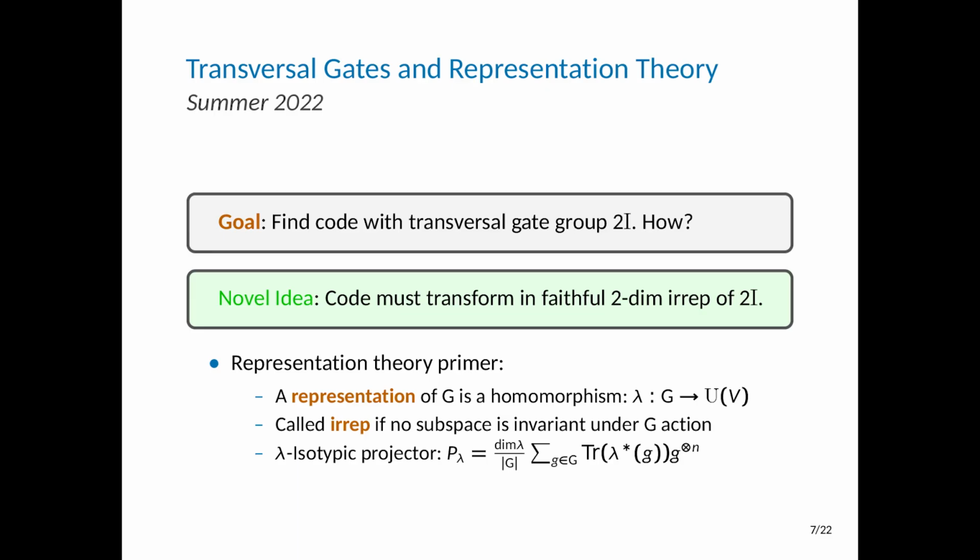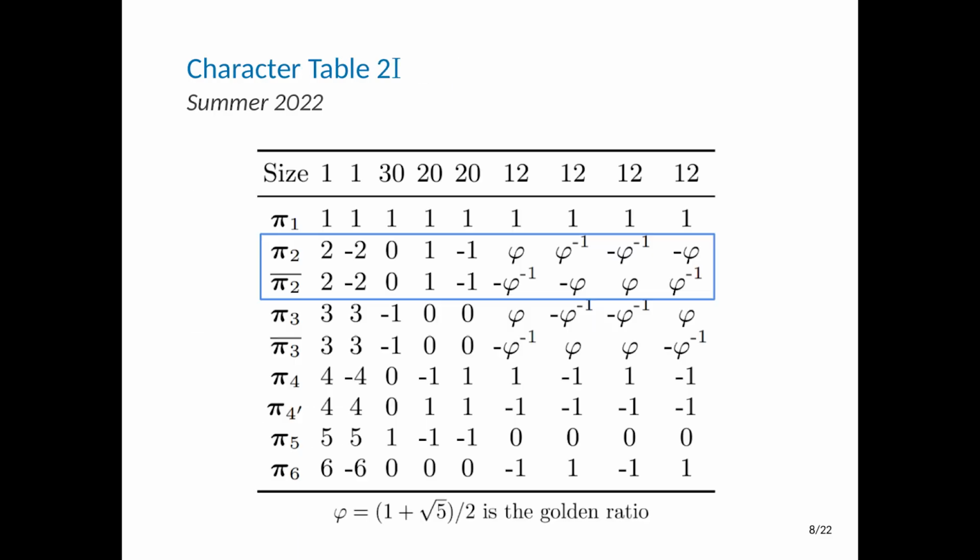You can start by picking a particular logical representation, lambda, and looking at the lambda subrepresentations of your full space. So you want to use a lambda isotypic projector. That's where we start. Since we want one logical qubit, we want our code space to transform in a 2-dimensional irreducible representation, which is going to be either pi2 or pi2 bar, because those are the two 2-dimensional representations of the binary icosahedral group.